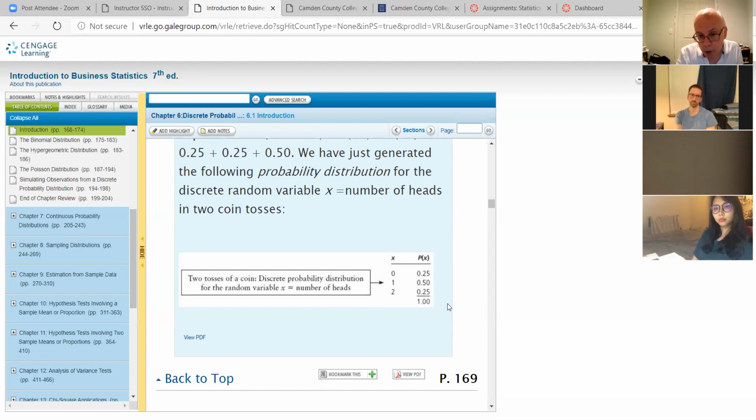You can only display this for discrete probability distributions. You cannot display something like this for a continuous probability distribution. Again, individual values are meaningless in the continuous world. Only ranges of values are meaningful. But in this chapter, we're dealing strictly with the discrete case.